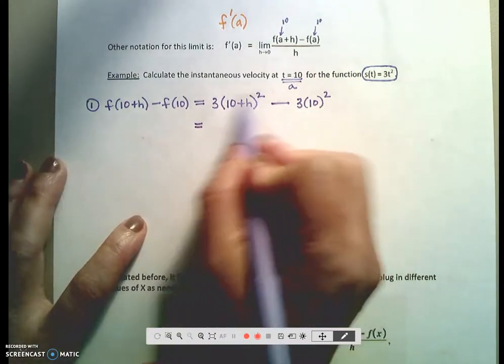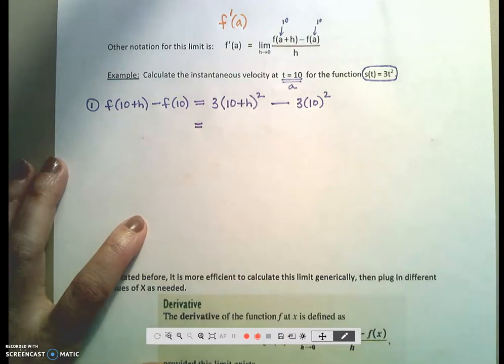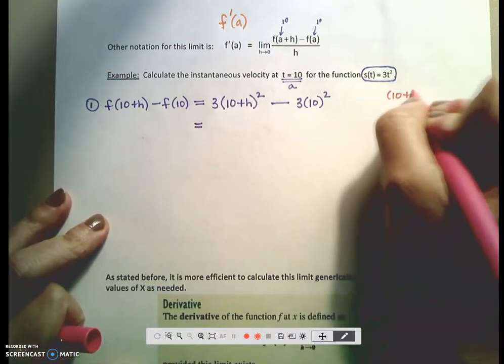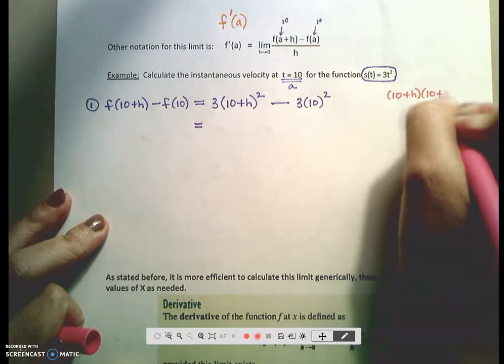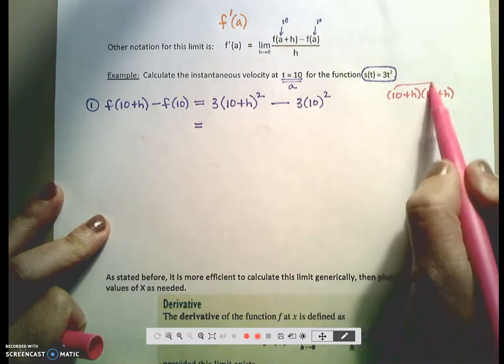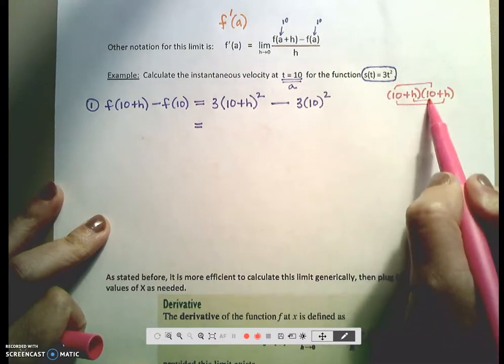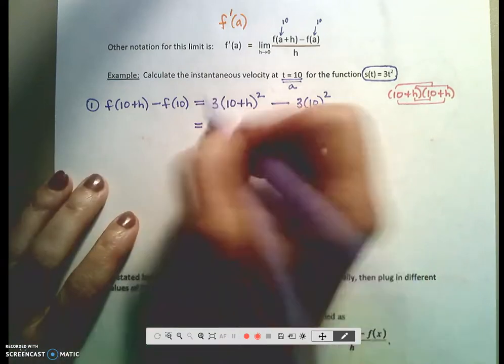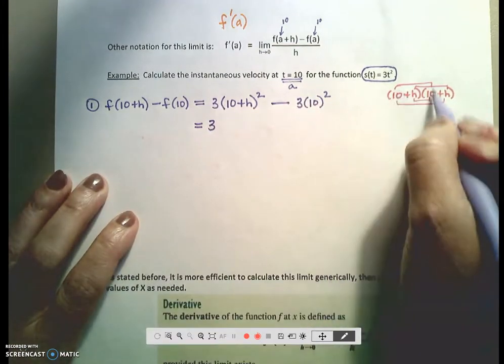We're going to need to do FOIL right here. What do I mean by FOIL? I mean that we need to take 10 plus h times 10 plus h. That's what it means to square something. And we want to do first, outside, inside, last to multiply that out. So first you get 100.